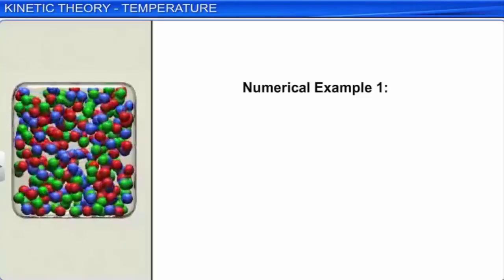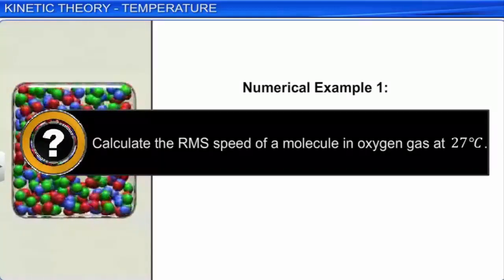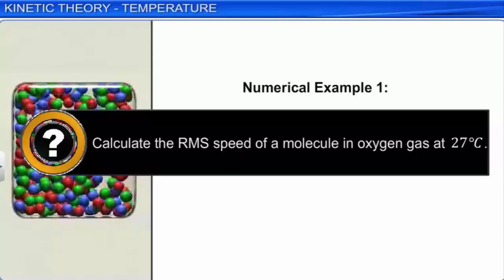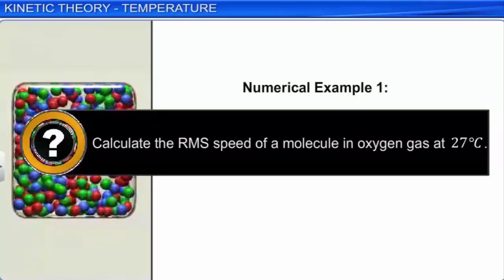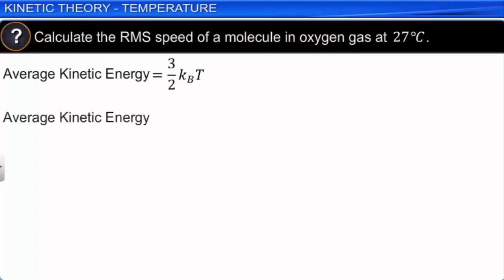Let us consider an example. Calculate the RMS speed of a molecule in oxygen at 27 degrees Celsius. We know that average kinetic energy is equal to 3 by 2 k_B T, and average kinetic energy is also equal to half m v_rms square.